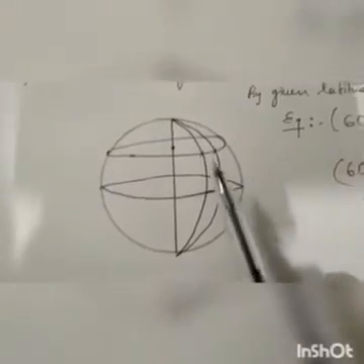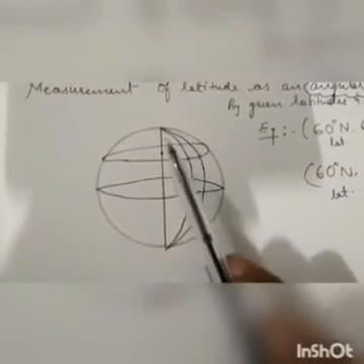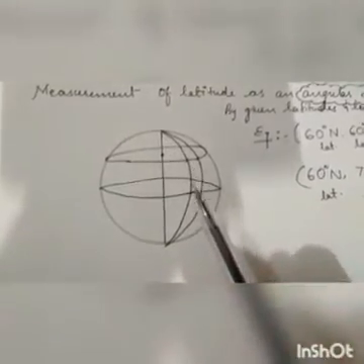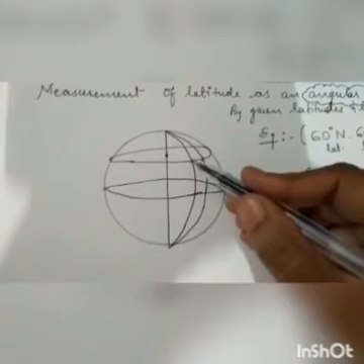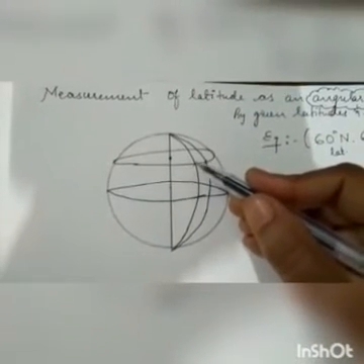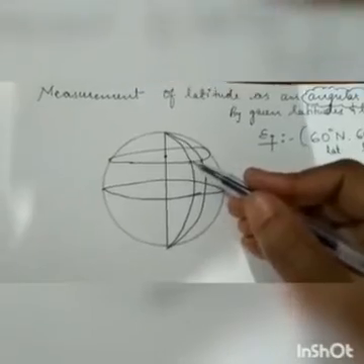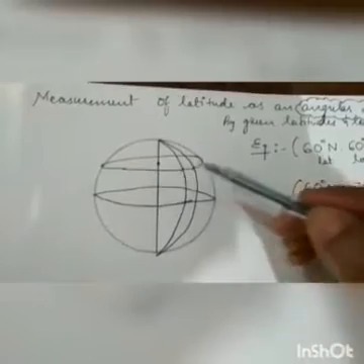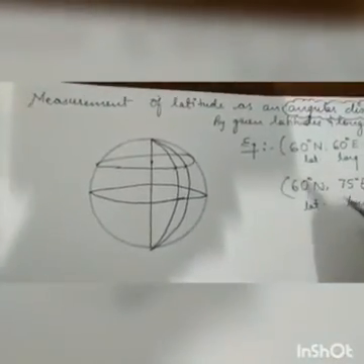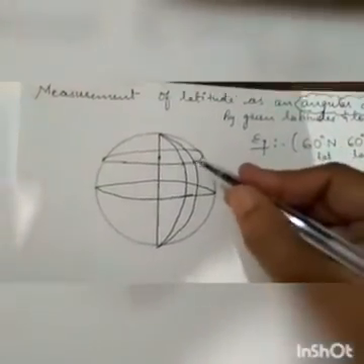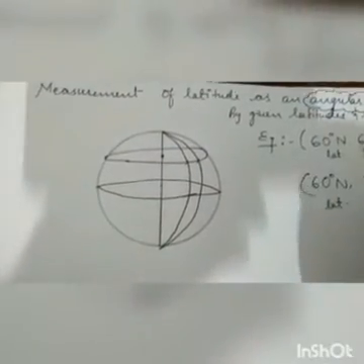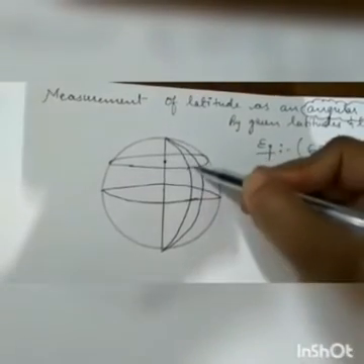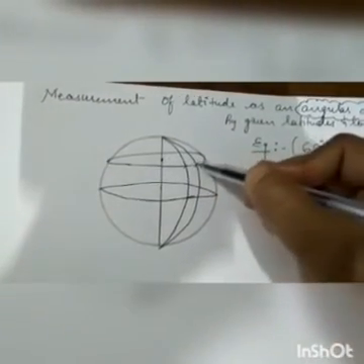Now see the meeting point of the 60 degree north latitude and 60 degree east longitude is here. I have marked it with the red line. And the meeting point of the 60 degree north latitude and the second one, 75 degree east longitude, is here. Now we are going to join from the center till here, and from the center till here.